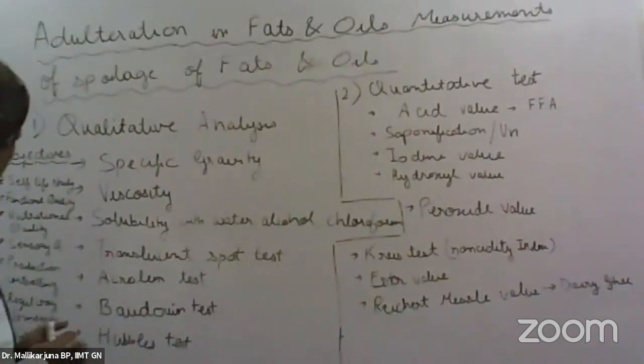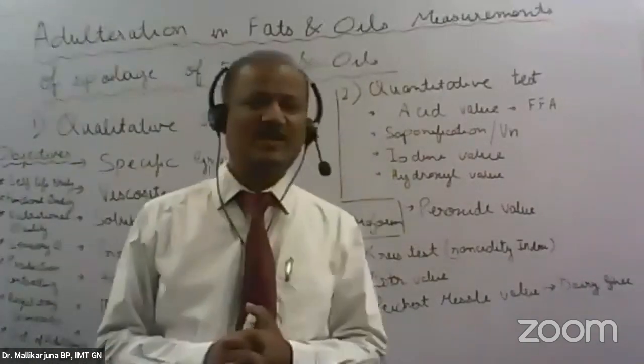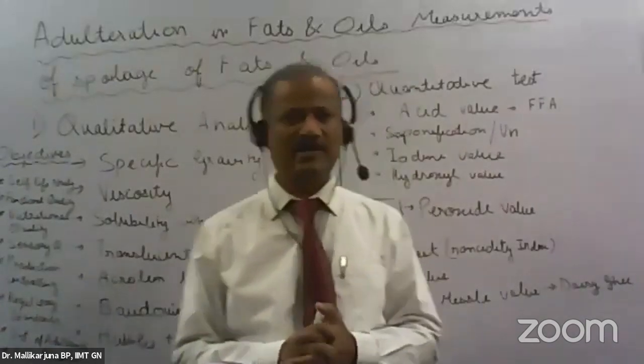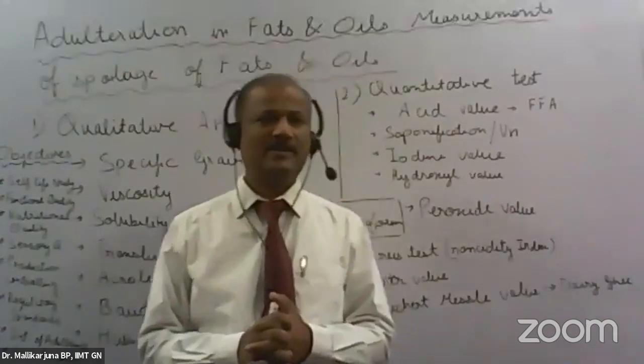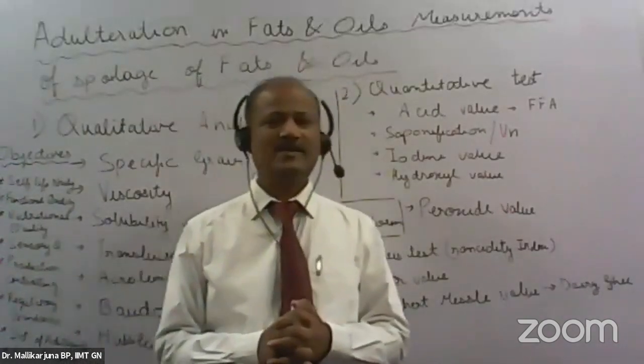Then, of course, determination of adulterants is very, very interesting. That is my topic today. I was highlighting more importance to adulteration of fats and oils, that is, measurement of spoilage of fats and oils. That is very interesting.